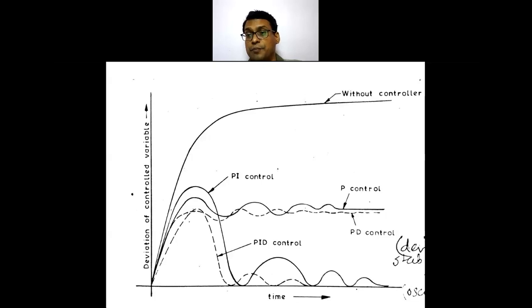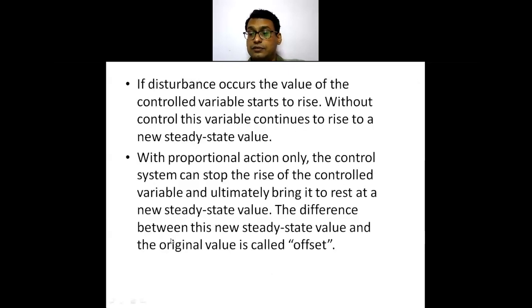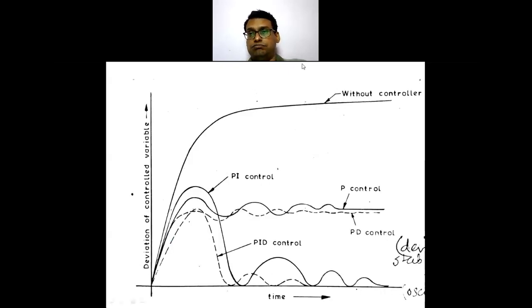Oscillations are reduced, but there is an offset that exists in case of both the proportional as well as the proportional derivative controller, and the offset is more or less of the same magnitude.